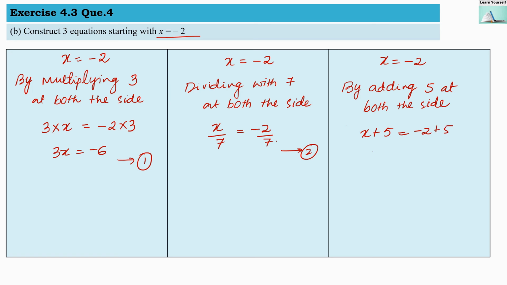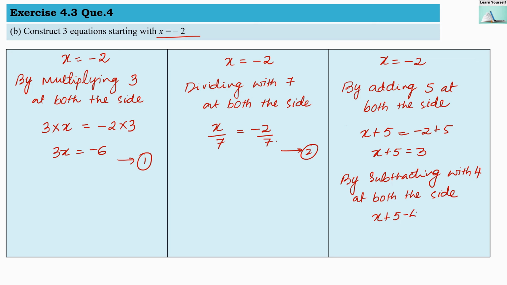So I will get x plus 5 equals 3. Now I am going to subtract with 4. So by subtracting with 4 at both the sides, x plus 5 minus 4 equals 3 minus 4. So here I will get x plus 1 equals minus 1. So this is going to be my third equation.